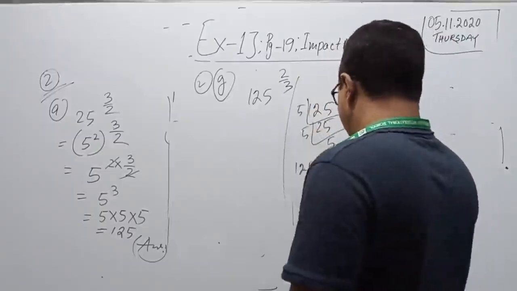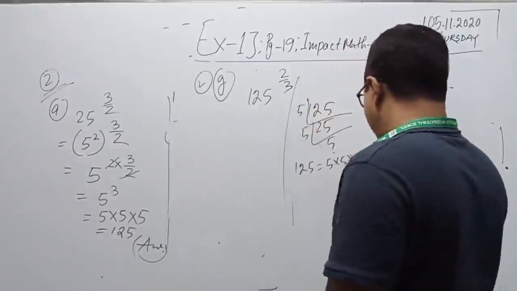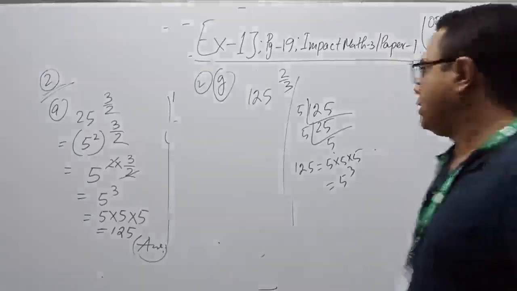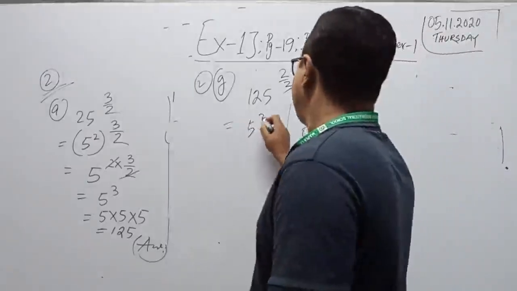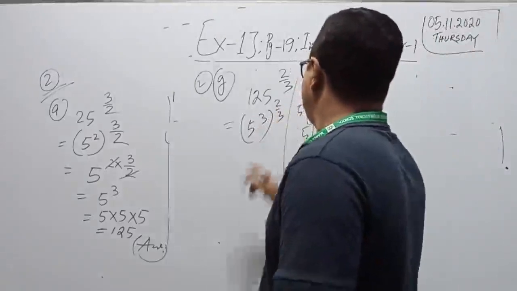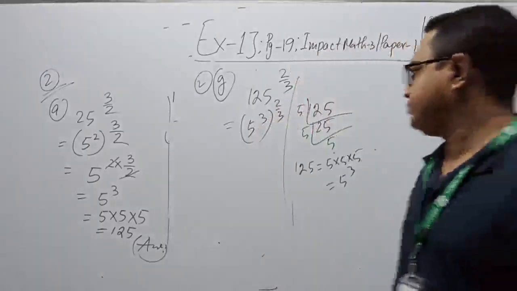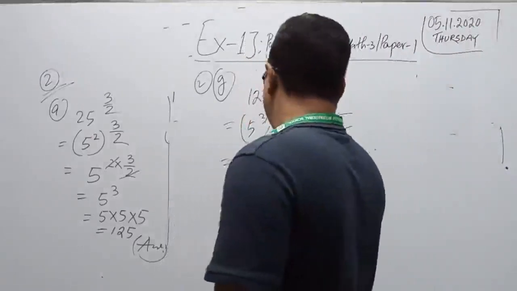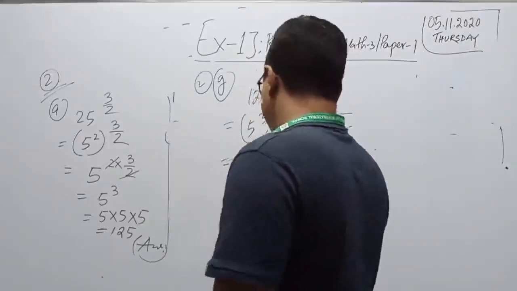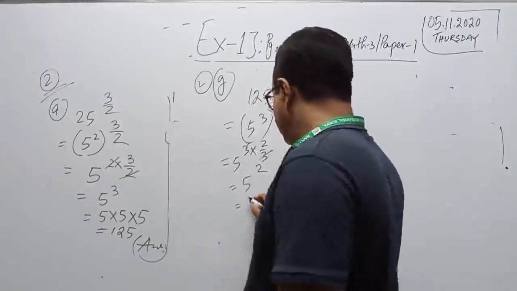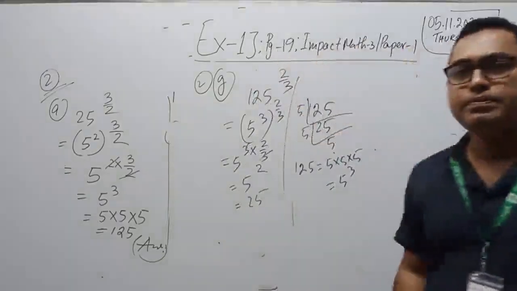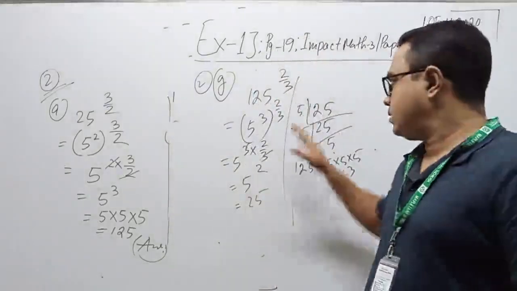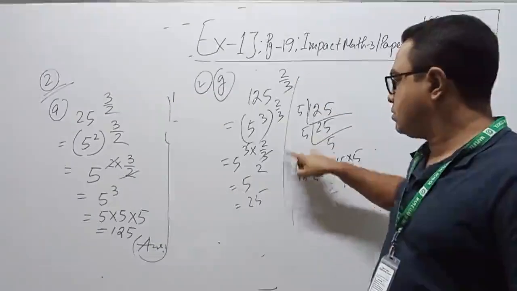So 125 can be written as 5 into 5 into 5. It is 5 to the power of 3. So here 5 to the power of 3 to the power of 2 by 3. Now this one is 3 into 2 by 3. So 3 and 3 cut, 5 to the power of 2, and that is 25. Very simple, but you have to solve it carefully.